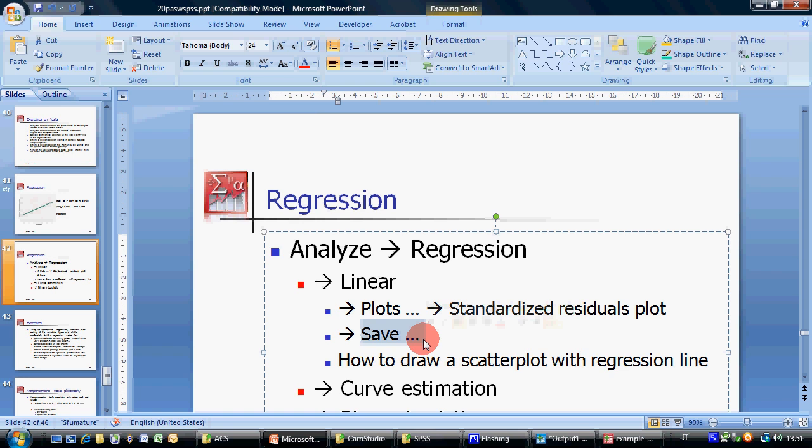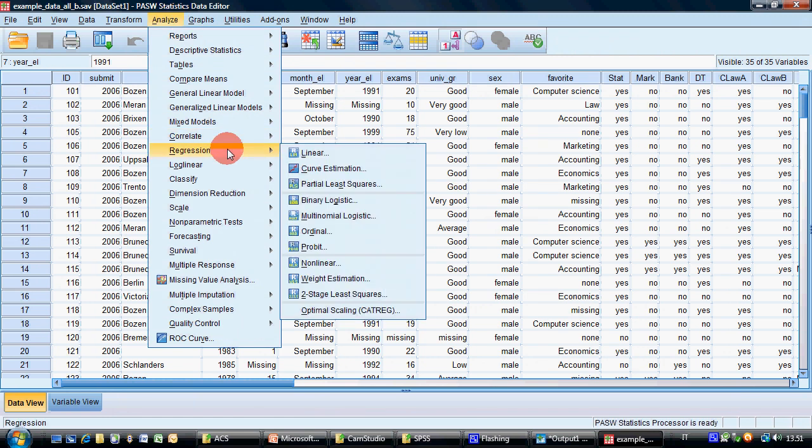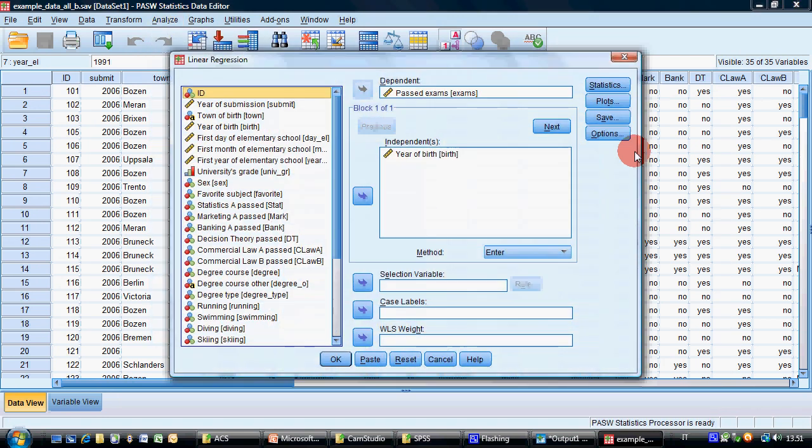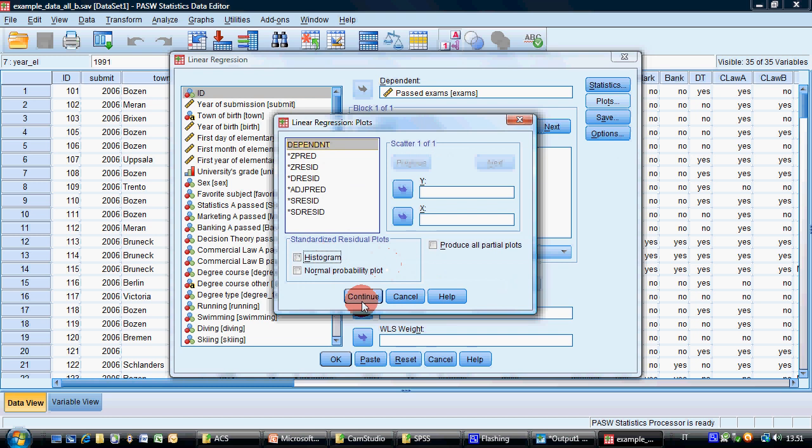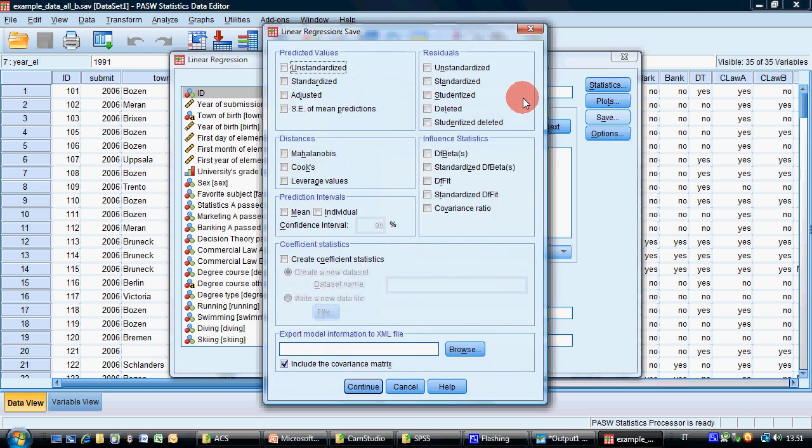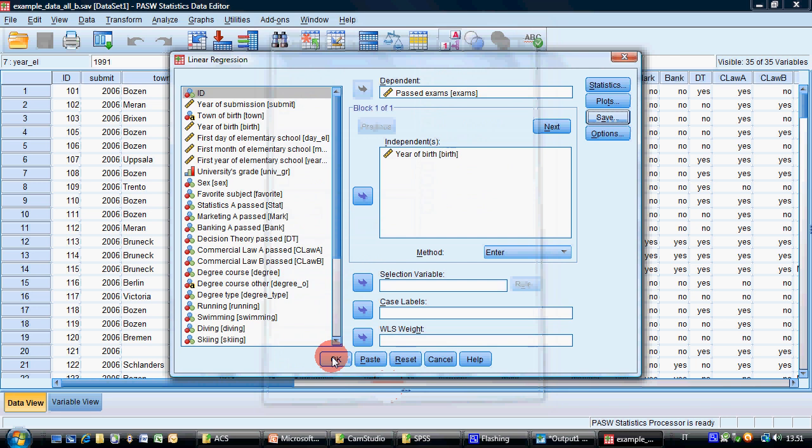So you need to save the residuals somehow, and let's see how to do it. Analyze, regression, linear. Well, it's not necessary to plot them anymore. Save, unstandardized residuals. These are the real numbers. Continue.